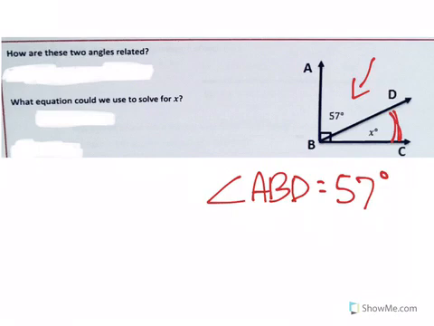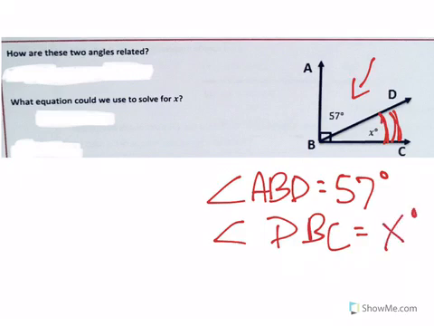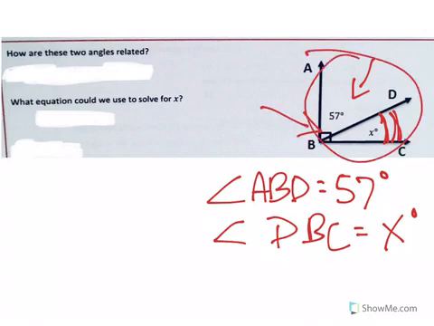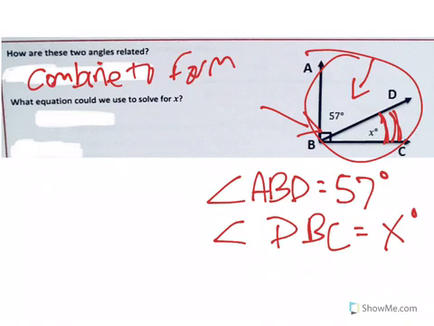We don't know what angle DBC is because it's X degrees, a variable. But there's a little box in the corner, which means this whole thing is a 90-degree angle. So the two angles combine to form a right angle.